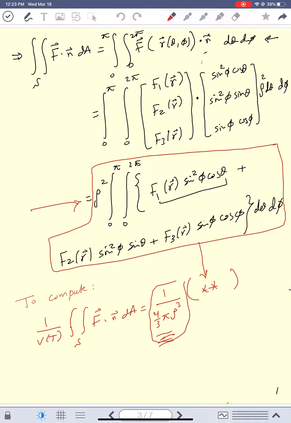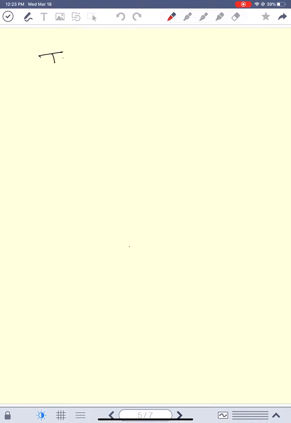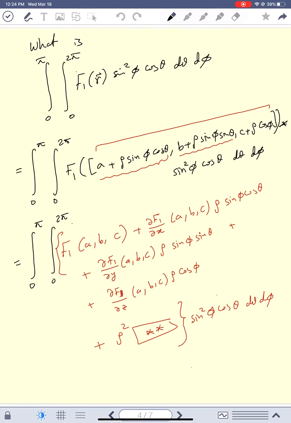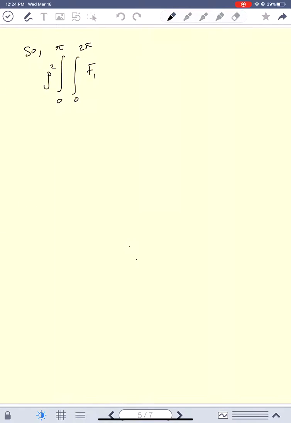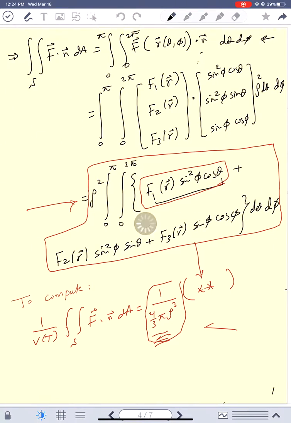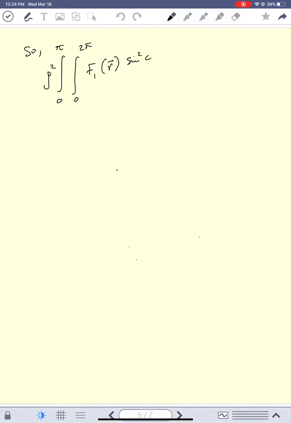So the idea, we took the first term only and we did some computations here. So now rho square times the integral from 0 to pi, from 0 to 2 pi, just to show you this thing, f1 of r times sine square phi cosine theta d phi.